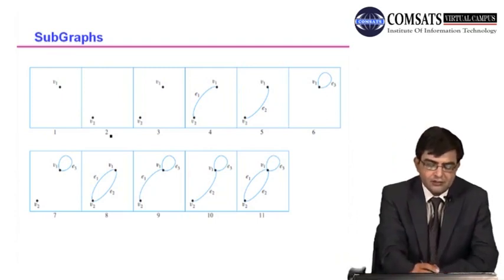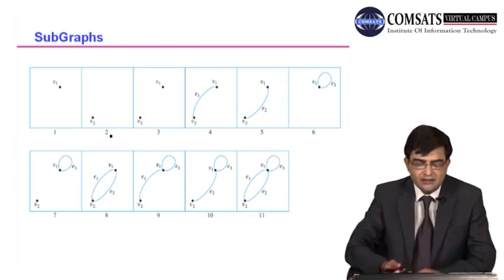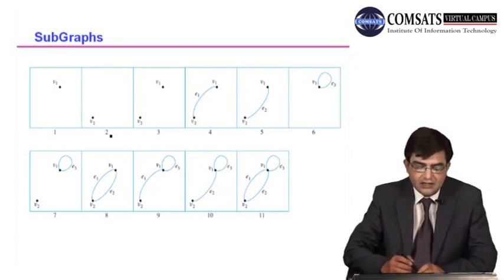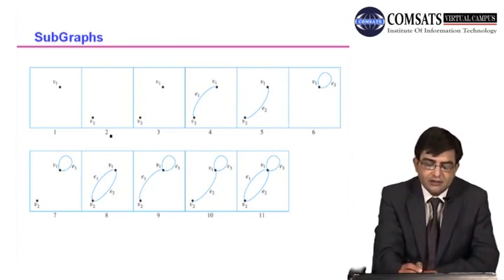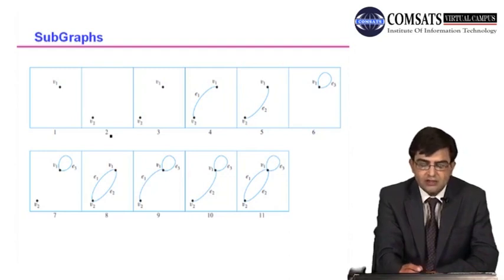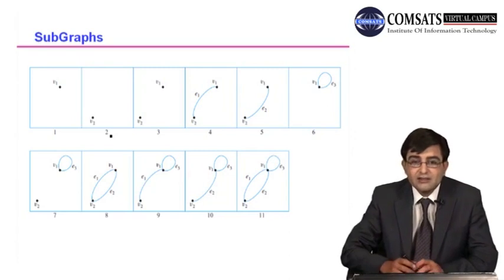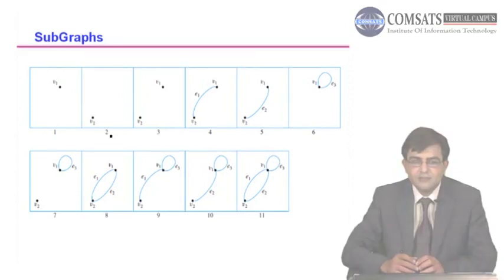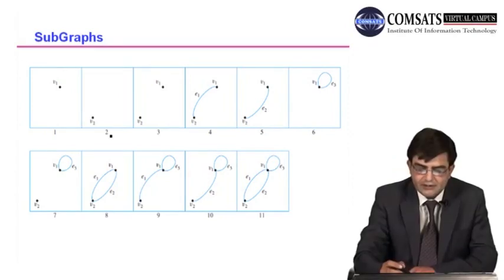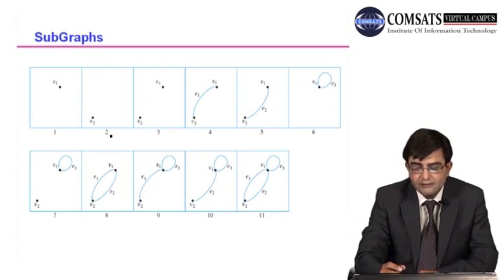If we write V2 as the second graph, this is also a subgraph. The third possibility of a subgraph is V1, V2, where we write two vertices. This is also a subgraph because it satisfies all the conditions in the definition. The fourth possibility is V1, V2 and E1.